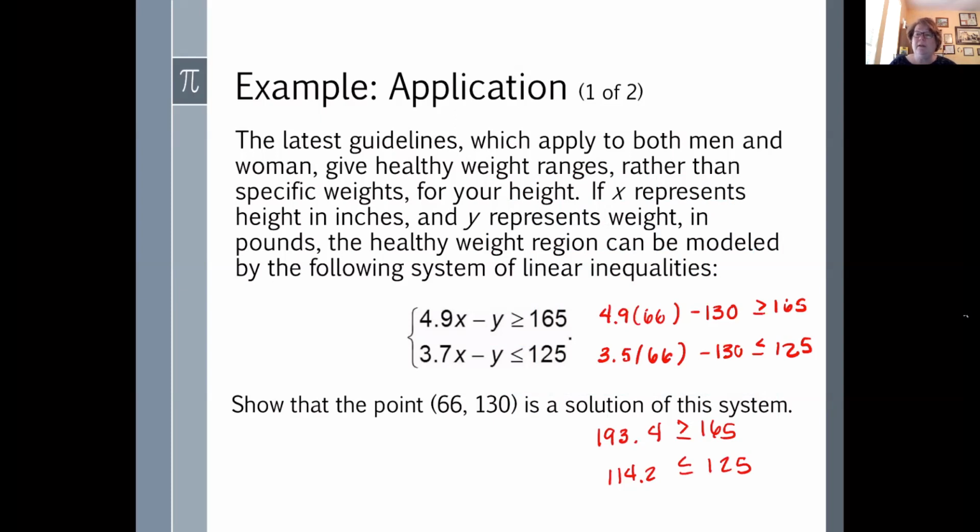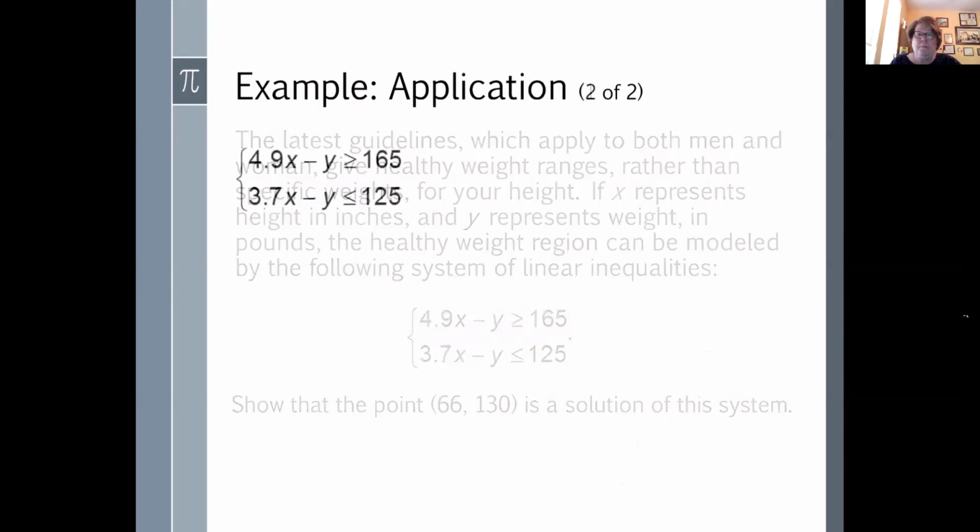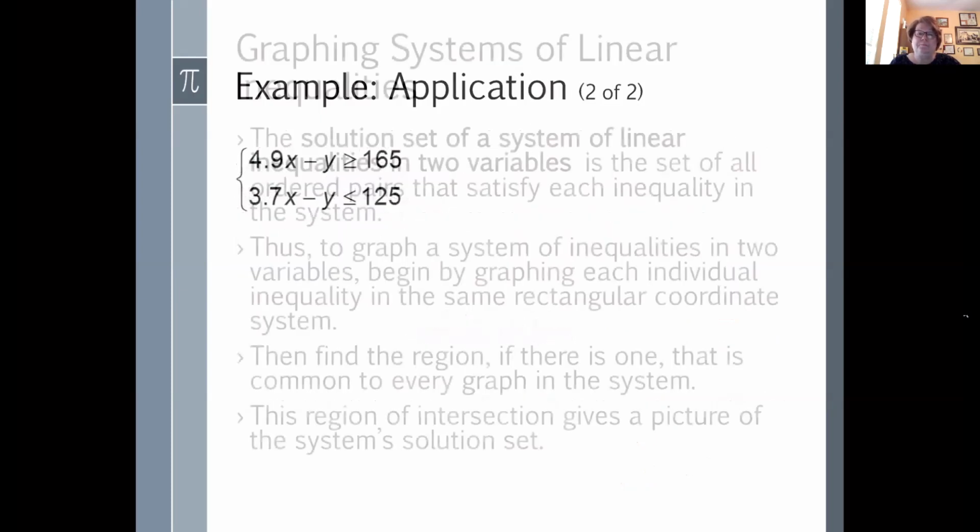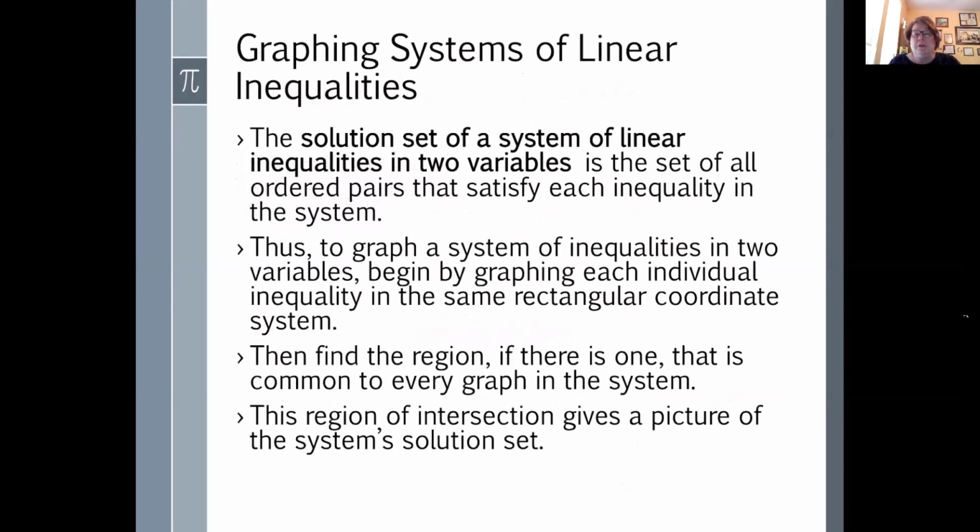So this represents a system of linear inequalities where there is part of the graph in between, above, around, that satisfies both inequalities. We'll show you how to do that. All right. So the solution set of a system of linear inequalities in two variables is the set of all ordered pairs that satisfy each inequality in the system.